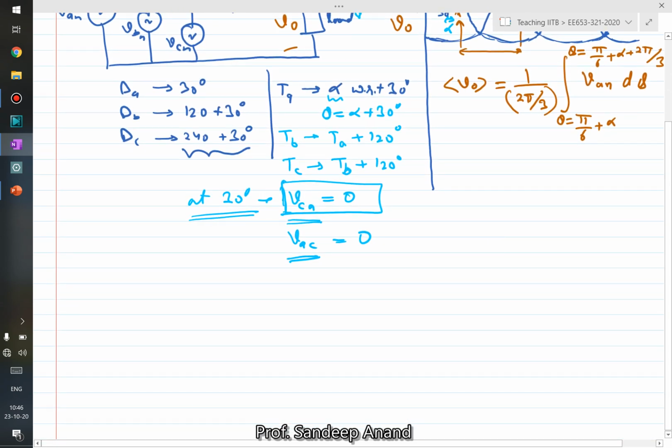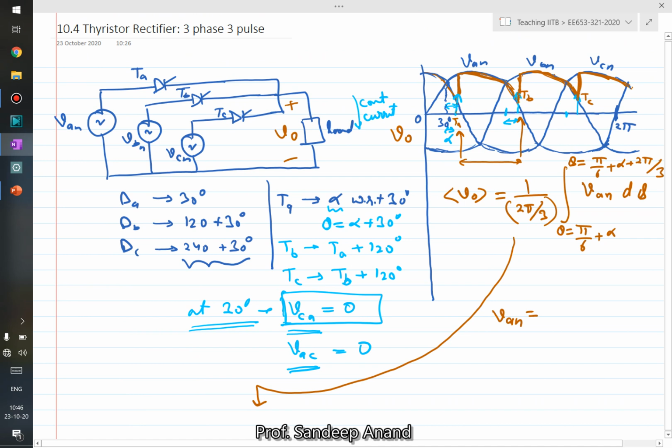Let me use the space available here to further simplify this expression. So what is VAN? Looking at this figure, we can define VAN as VM of phase into sine of theta, wherein VM of phase is nothing but equal to the peak value of the line to line voltage upon √3.